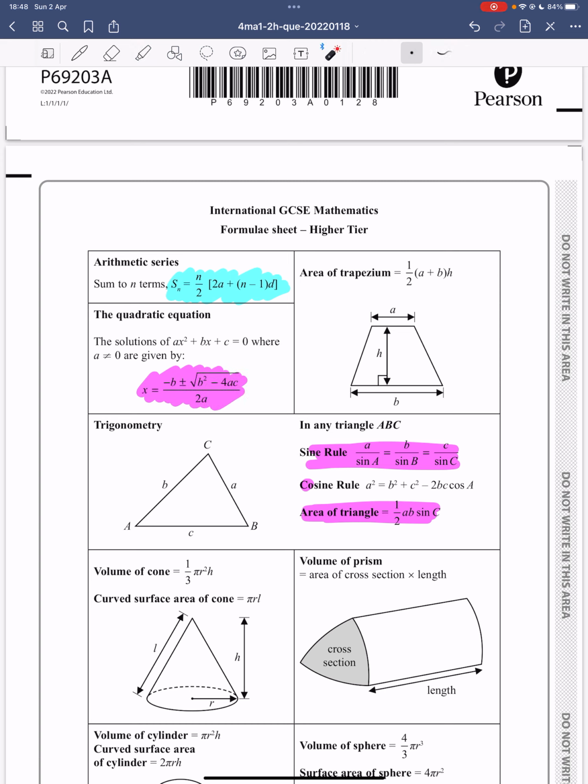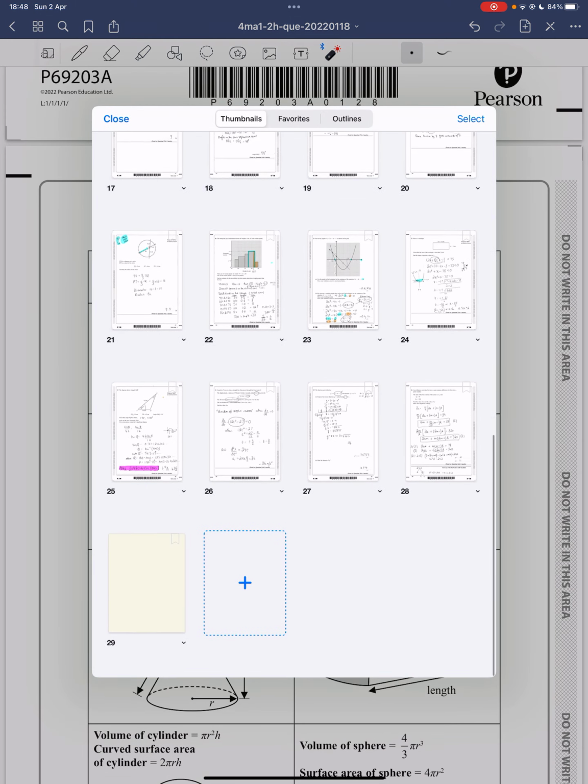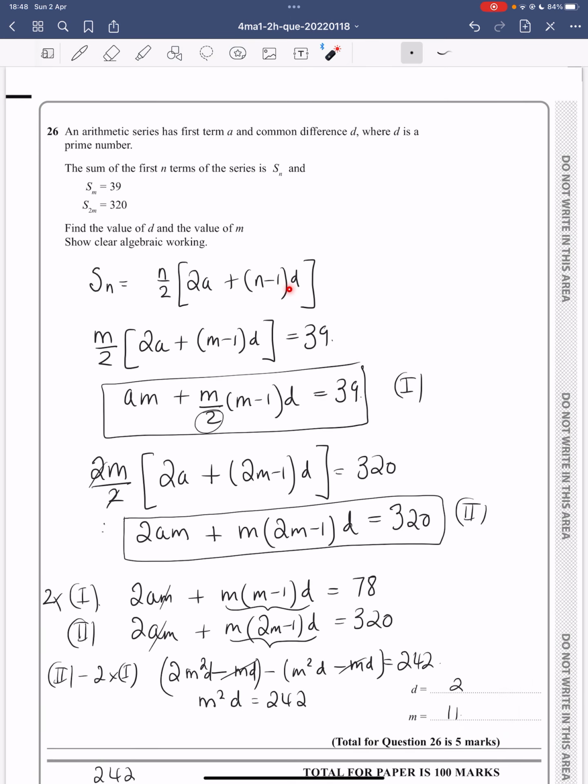This is the one that we need, though, for this question. Sn is n over 2, brackets, 2a plus (n minus 1)d, close brackets. Right at the end there, so I copied it across. Okay, so you don't need to memorise that. Some exam boards, you have to memorise that. It's an interesting feature of this exam.